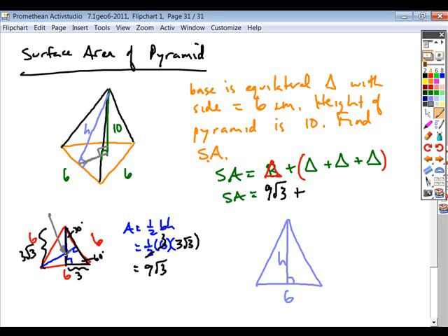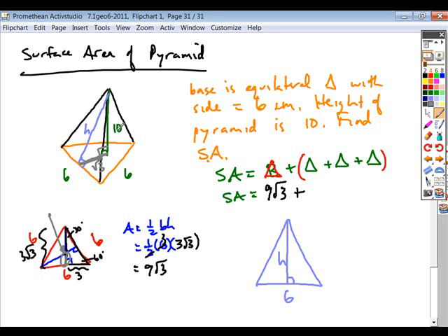So that means that this bottom portion right here, which represents this gray distance, is what fraction of the whole height? 1 part to 2 parts, so it's 1 of 3. So what's 1/3 of 3 root 3? Just root 3. So this leg is going to be square root of 3.